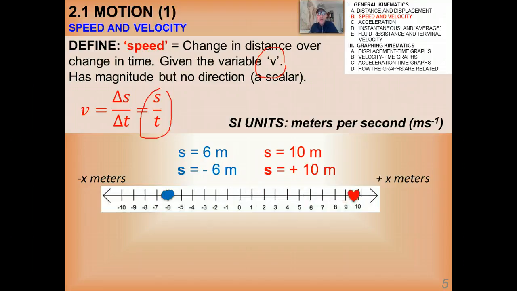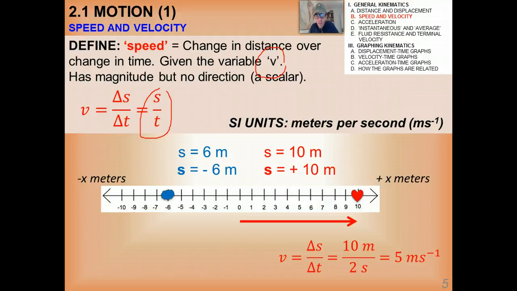Okay, so in this case, I have a displacement with the red heart going from 0 to 10. If that displacement takes place, for example, in 2 seconds, now I just pulled that 2 seconds out of the air, then its average speed is 5 meters per second.